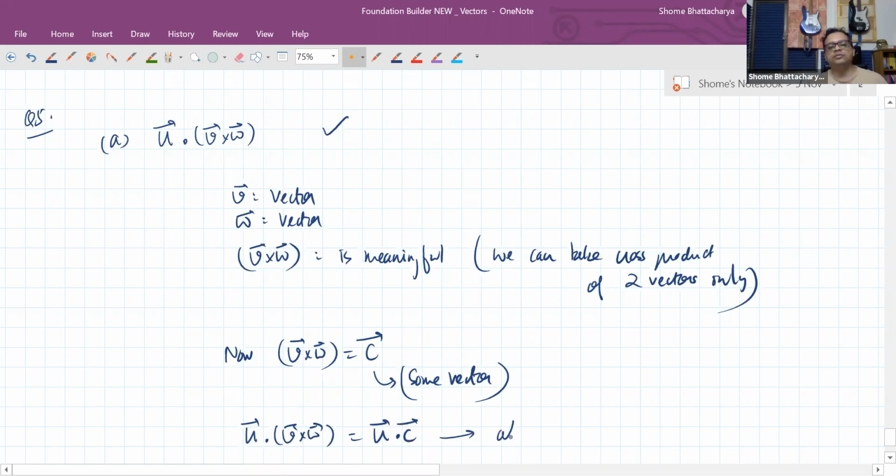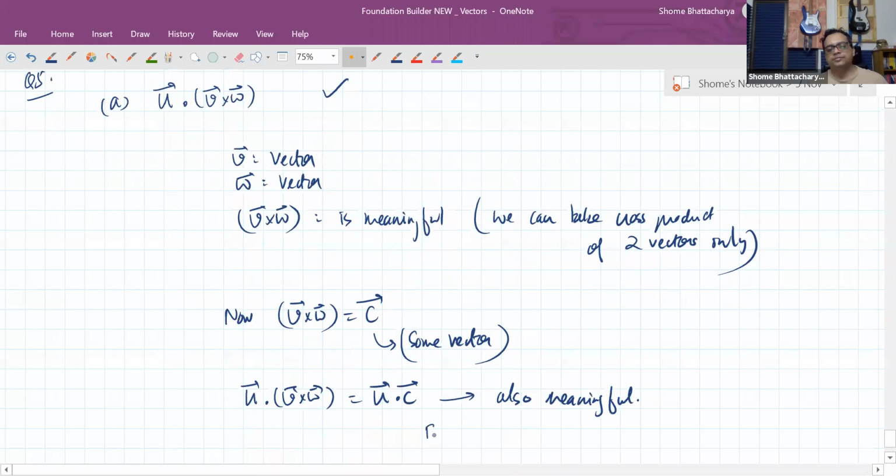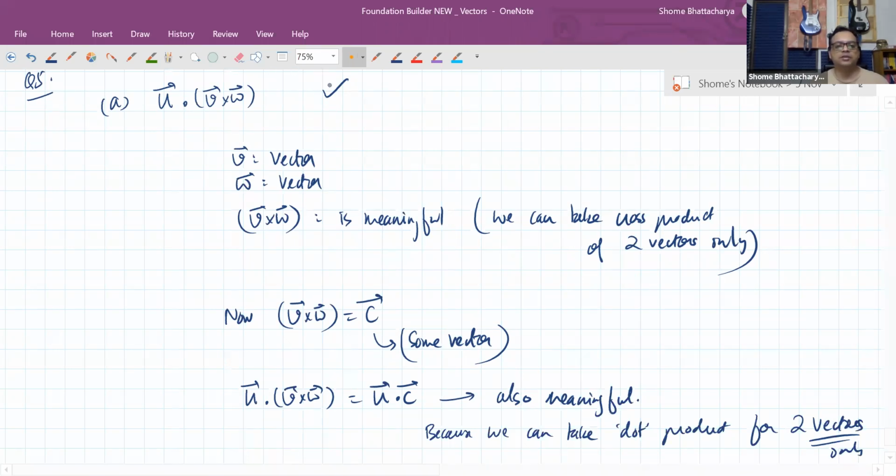Now this is also meaningful because we can take the dot product for two vectors only. So on either side of the dot product we have a vector symbol. So it makes sense.